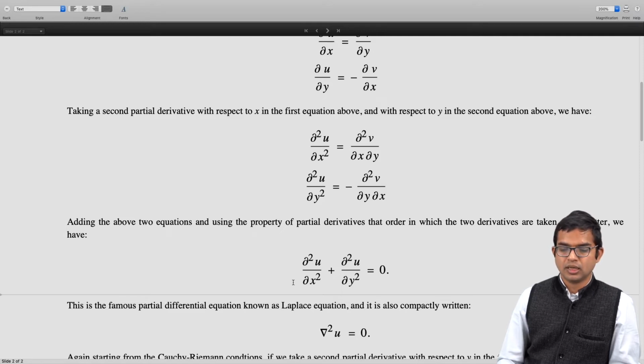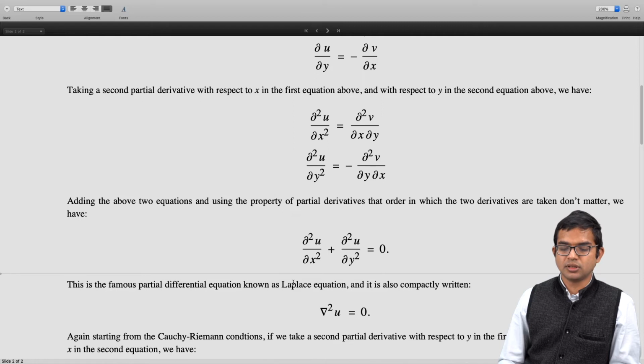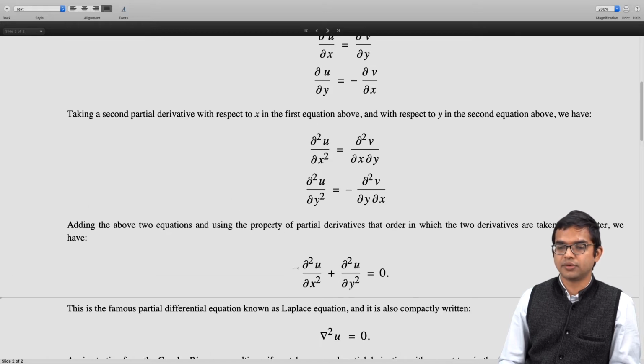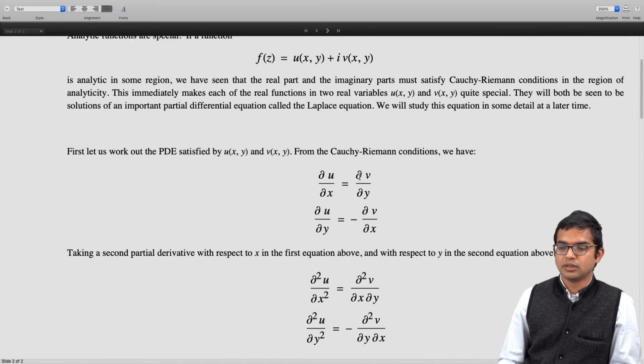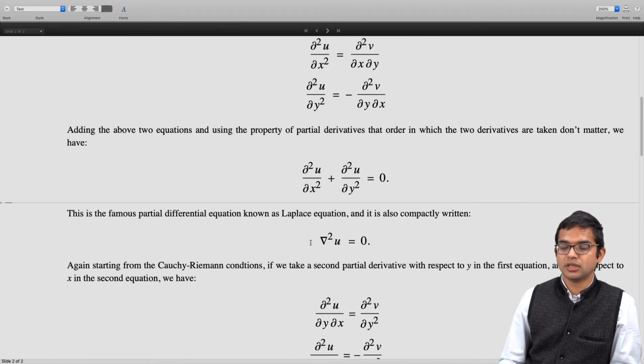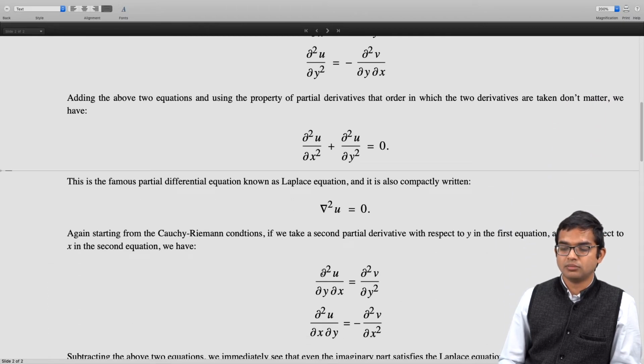Right, so if we started with the Cauchy-Riemann conditions, we could have also taken the second partial derivative in a slightly different way. Suppose we took a second partial derivative with respect to y in the first equation and with respect to x in the second equation. Then we would have ∂²u/∂y∂x is equal to ∂²v/∂y², and ∂²u/∂x∂y is equal to minus ∂²v/∂x².